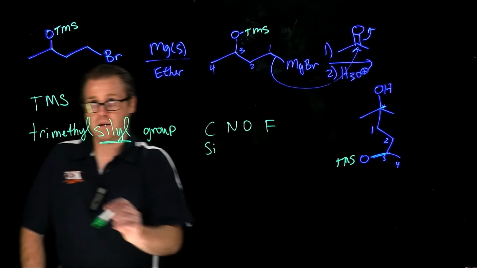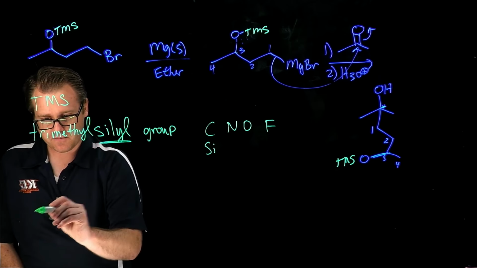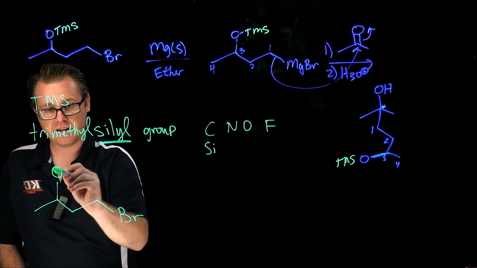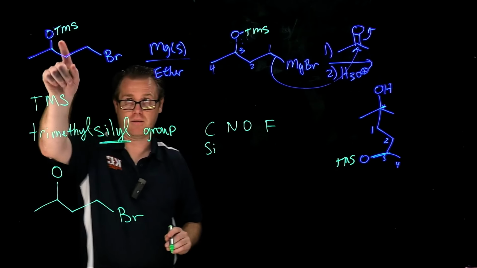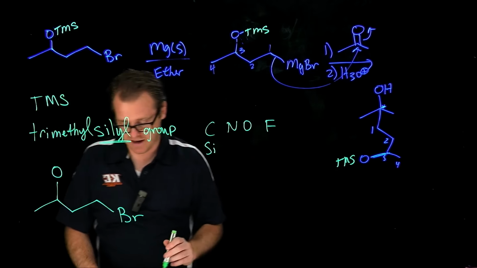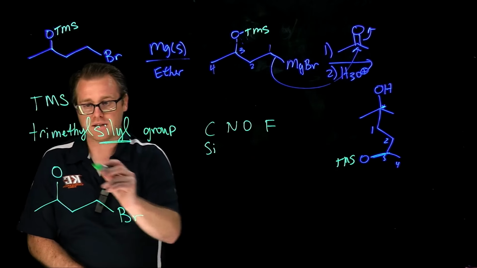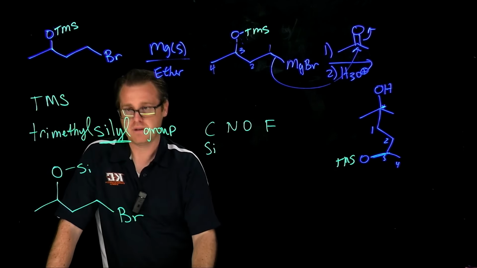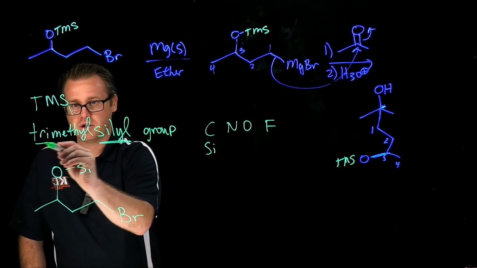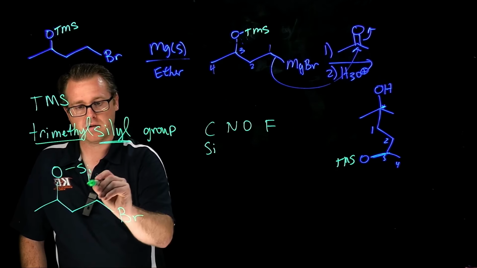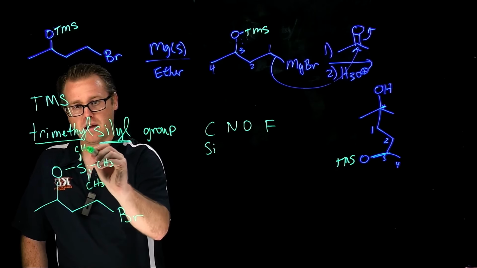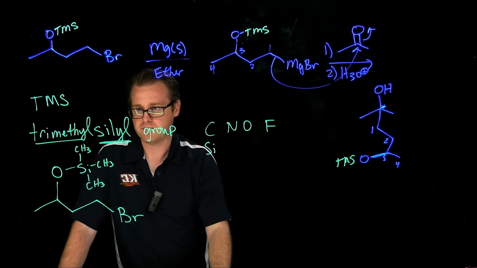So when we take a look at the structure of this protecting group, what does it look like? We can represent it with the TMS there, but it's simply just a Si. There's our silicon atom. And what's attached to it? Trimethyl. So a CH3, CH3, and a CH3 like that.